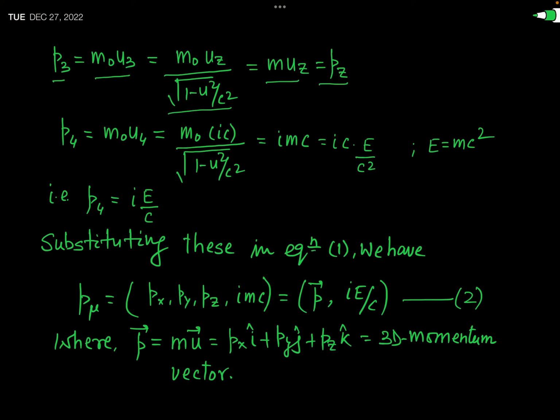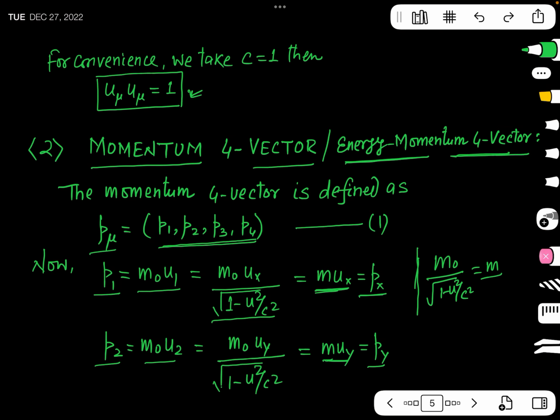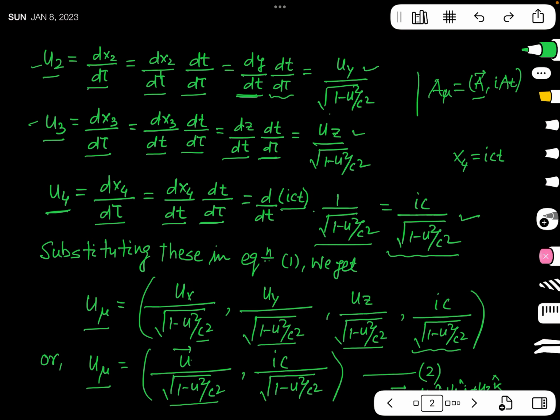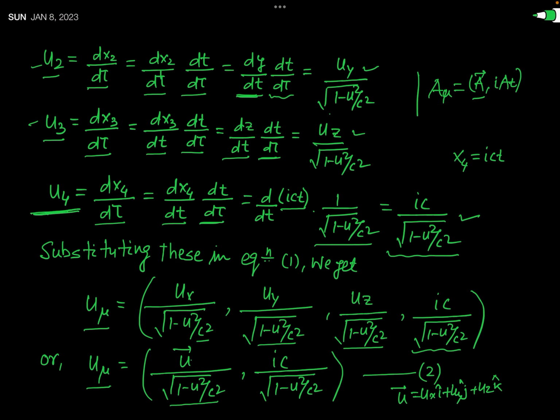Now, in a similar manner, you can find p4, the fourth component of the momentum four vector. This will be simply m naught into u4. You can see the expression for u4 we have obtained just now: u4 is equal to ic divided by root over 1 minus u square by c square.